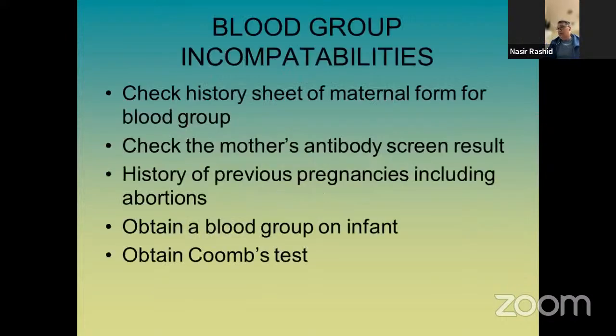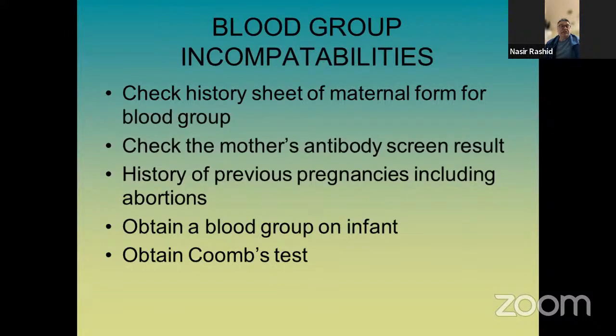Here in the United States it is pretty easy to figure out the maternal blood group type; we just pick up the maternal chart and look at it. But if you do not have that luxury in Pakistan, you want to try to get the medical record of the mother and figure out what blood type she has. Did she ever have an antibody screen done?